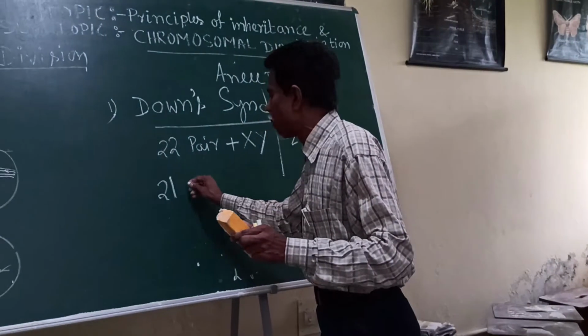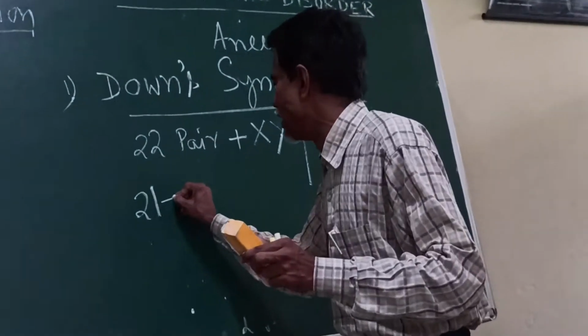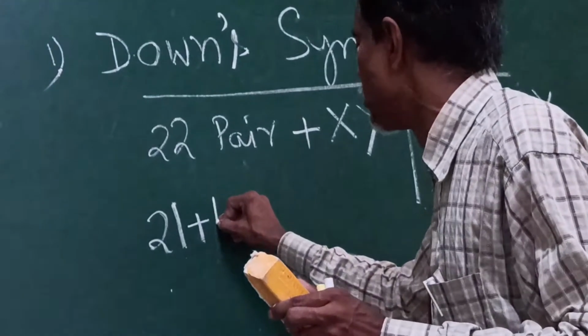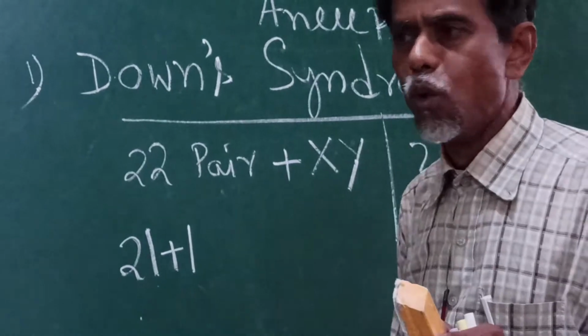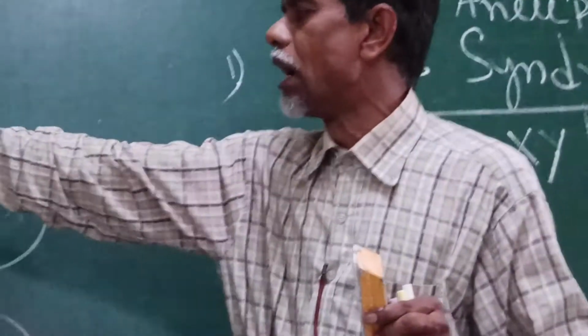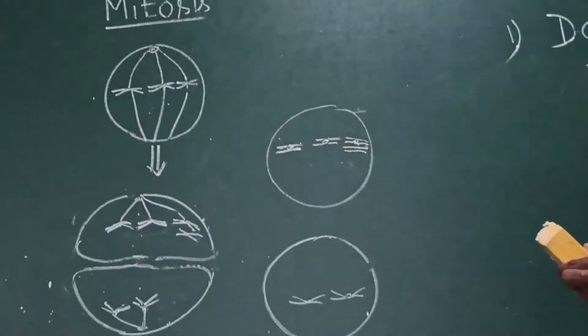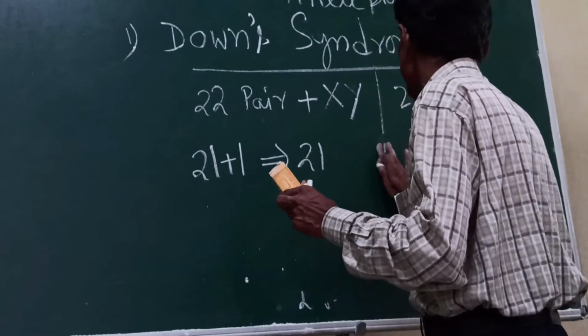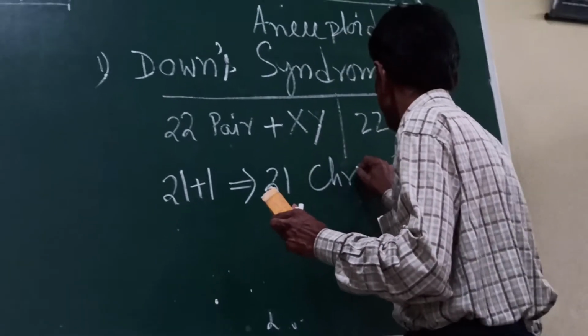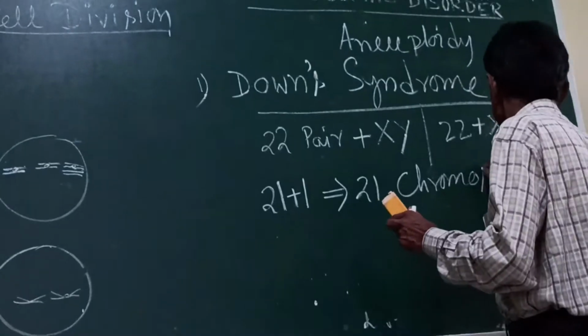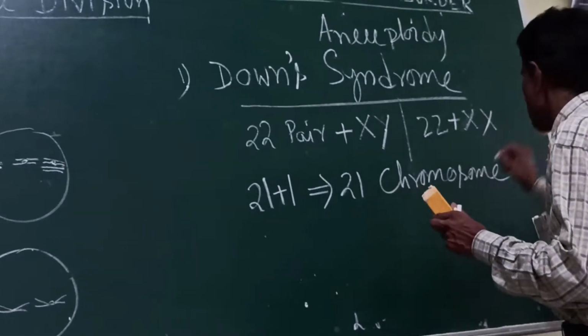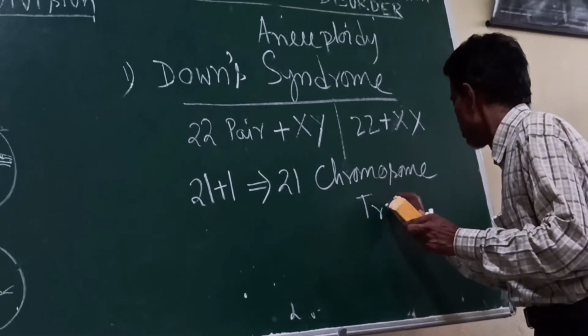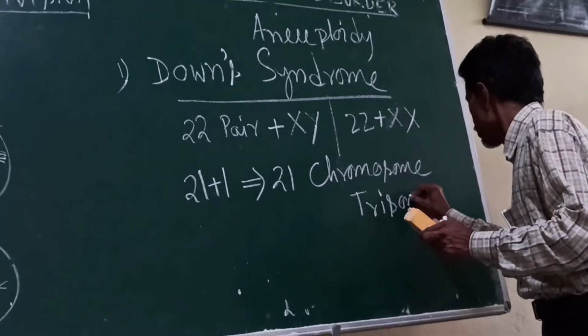In the 21st chromosome, there is an additional chromosome, as we see here how it took place. So there is a 21st chromosome trisomy.